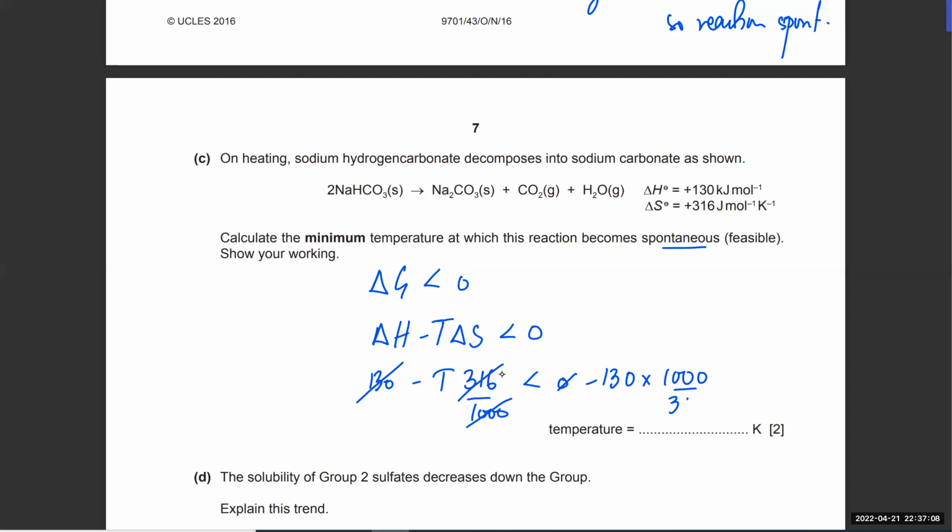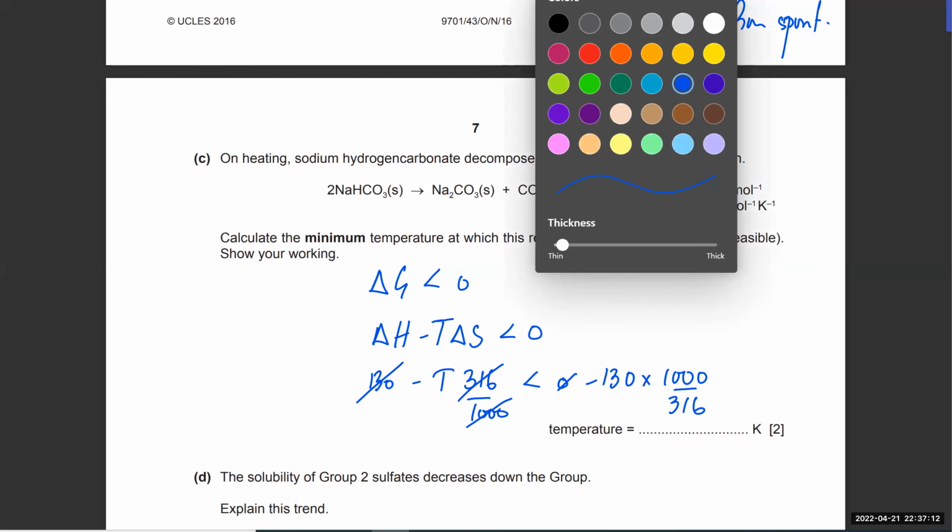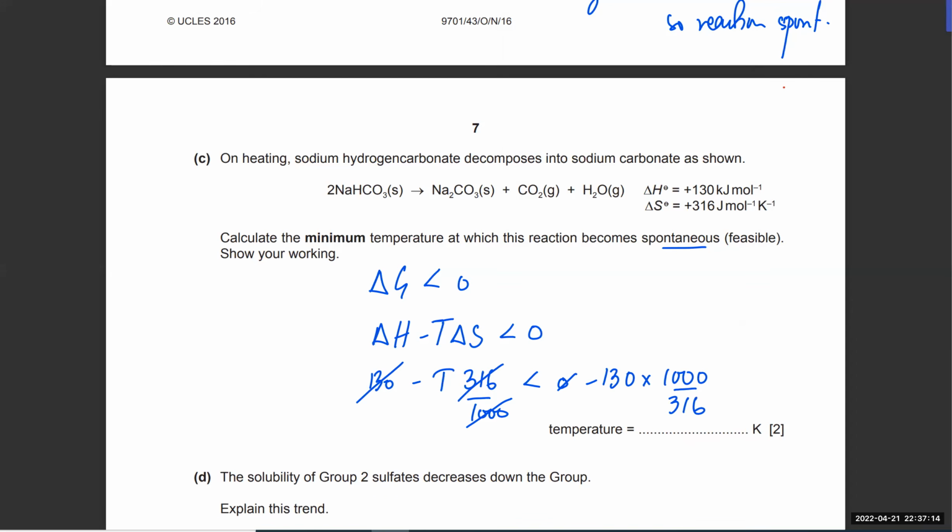divided by 316, right? And always remember that when you're dealing with inequalities, this sign is negative and this sign is also negative. I need to get rid of the negative sign on both sides. So if you multiply it by -1 on both sides, the inequality direction will change.